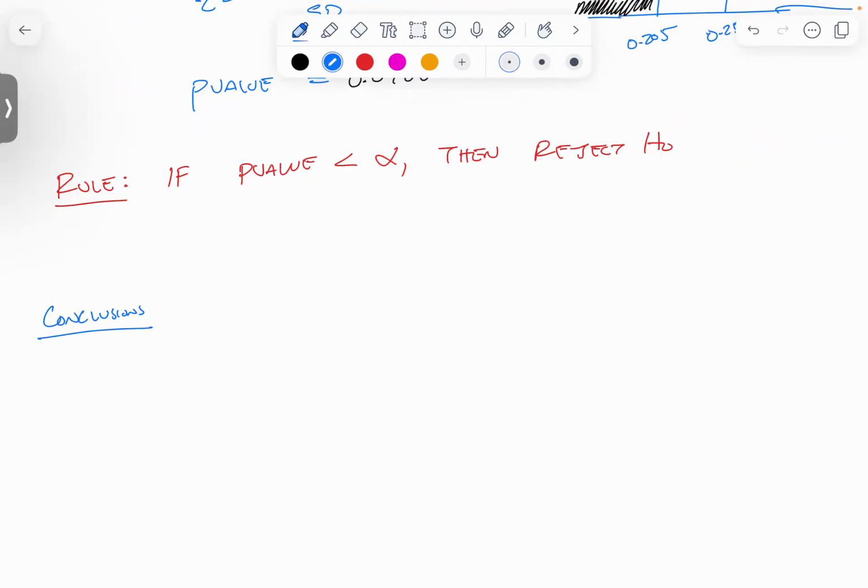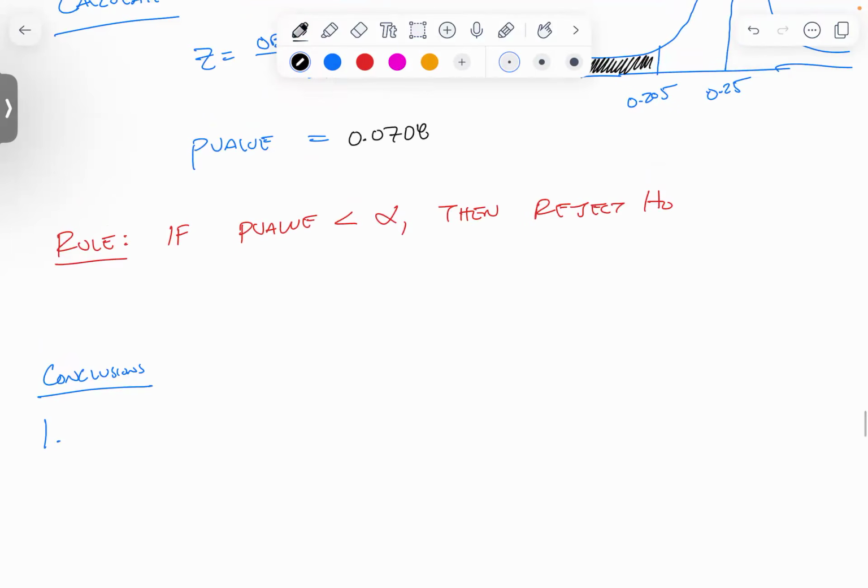Again, that's not an actual step, but our first step is to do our verdict, our decision. Guilty, not guilty, reject H0, fail to reject H0. Put in your values here if you're struggling. So 0.0708 and alpha 0.10. 7 is less than 10, which means that I am going to reject H0.